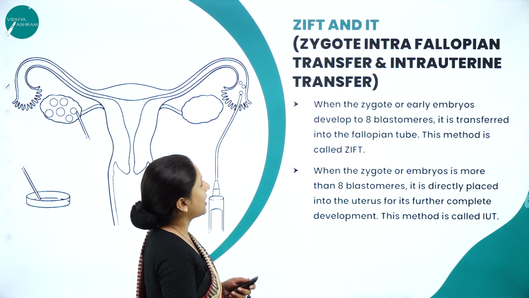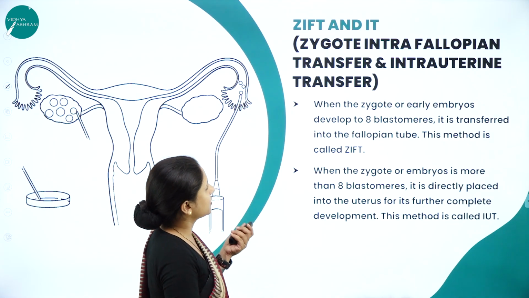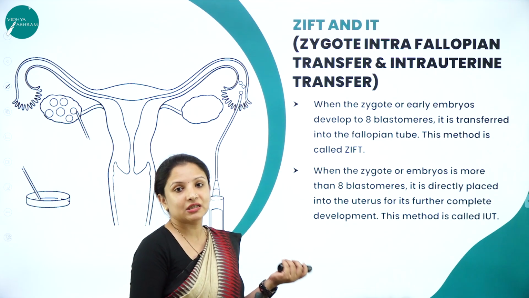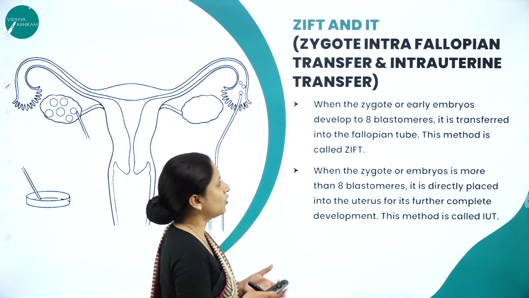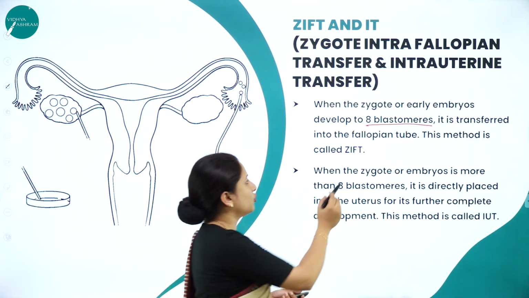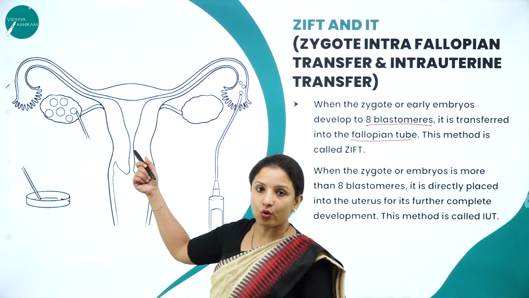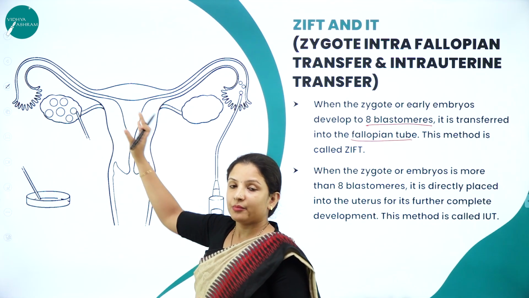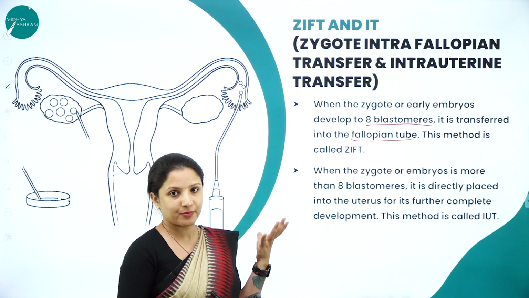So next is ZIFT and IUT, that is intrauterine transfer. Let's see what happens in ZIFT. ZIFT is nothing but the zygote or the early embryo. In ZIFT, the early embryo or the zygote that develops to the 8 blastomere stage is transferred into the fallopian tube. In IVF they directly transferred the embryo into the uterus, but here they wait for the zygote to reach the 8 blastomere stage.